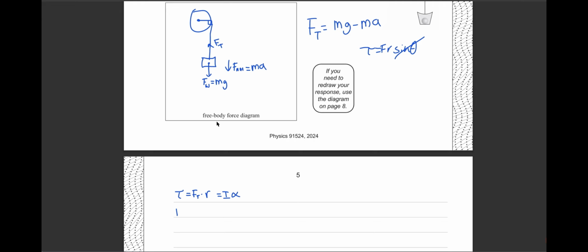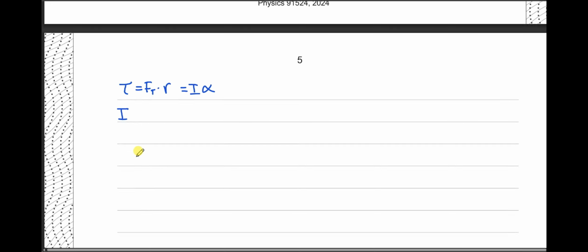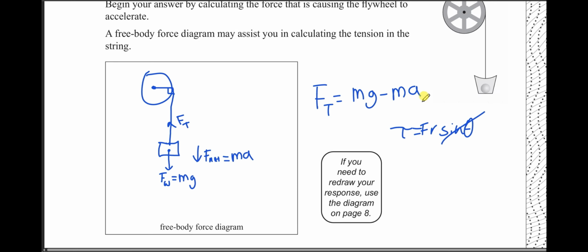So we can go ahead and write that I alpha is equal to your tension force times your radius. And so our tension force we calculated, I alpha equals R bracket, I think it was mg minus ma. I'll double check, but I hope that was right.